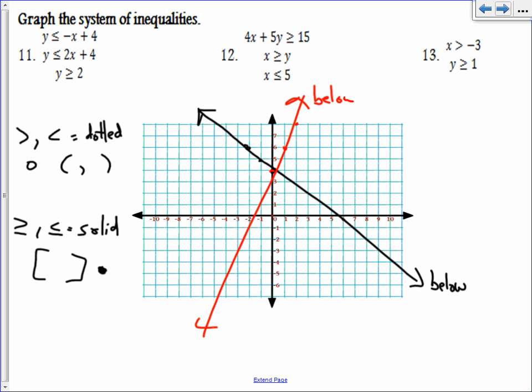So as of right now, I'm below the black line and below the red line. So my third equation is y is greater than or equal to 2, and that's a horizontal line, and it's above a horizontal line. Answer? Yeah, right there in the middle. That little triangle in the middle.